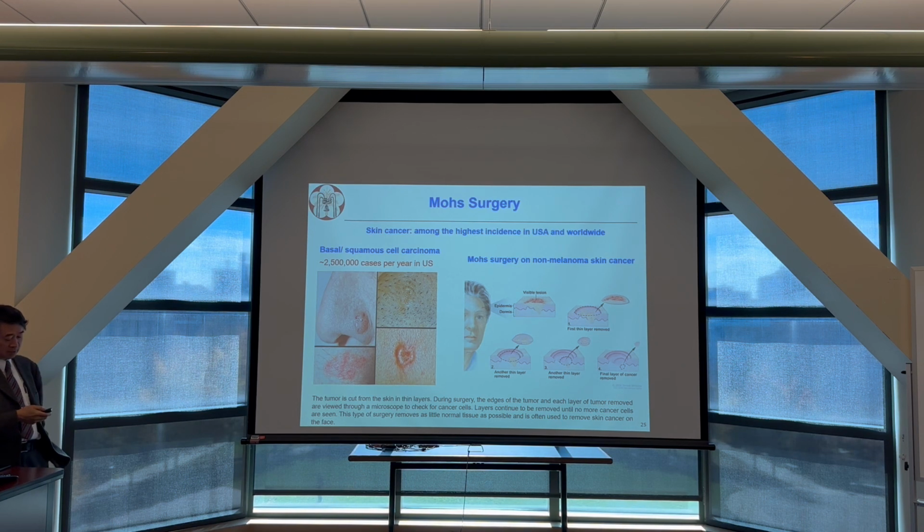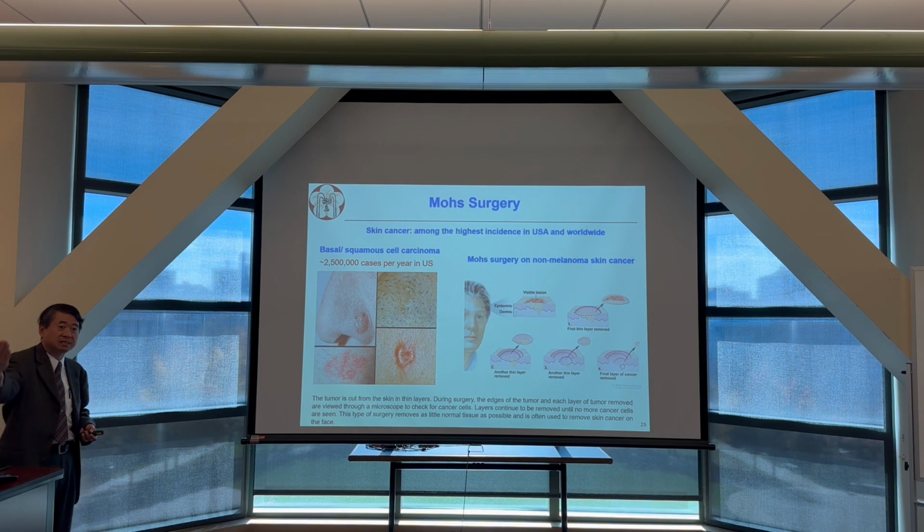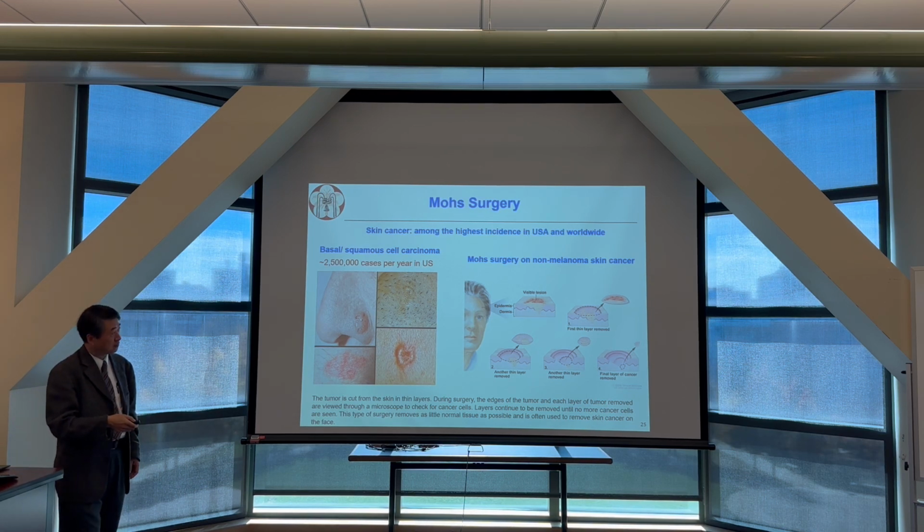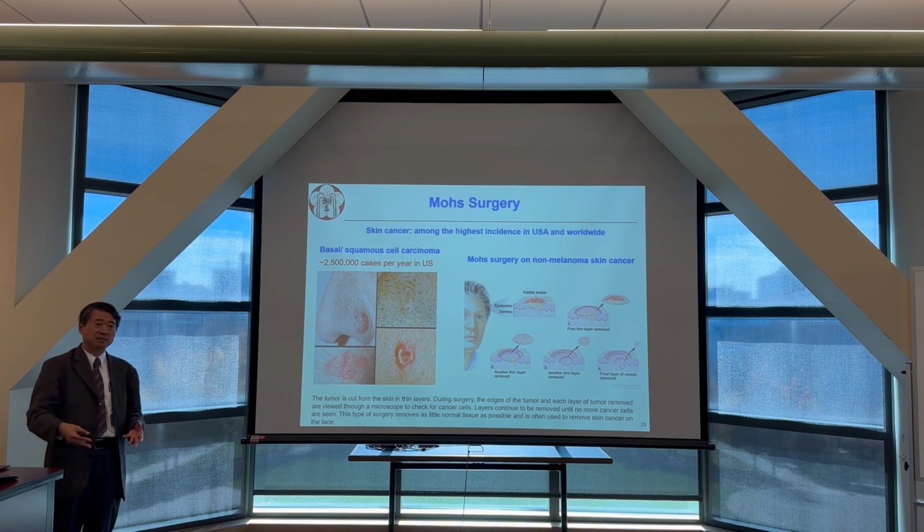For Mohs surgery, the idea is that you want to reduce the amount of tissue removed from your skin, so each time they just cut a thin slice. After the slice, the patient lies down on the bench and waits, because for each slice you need to freeze it and do the stain.